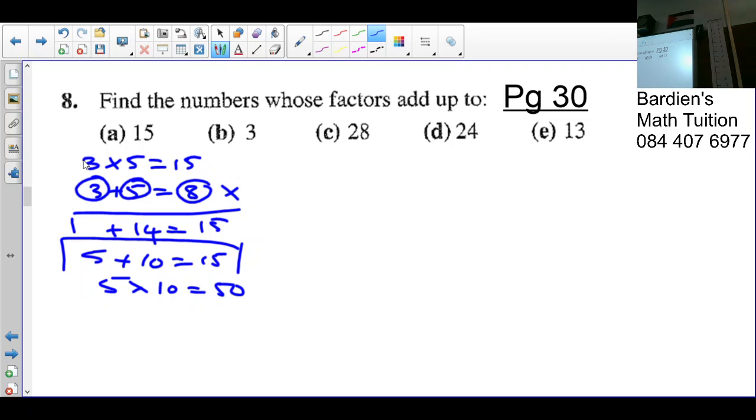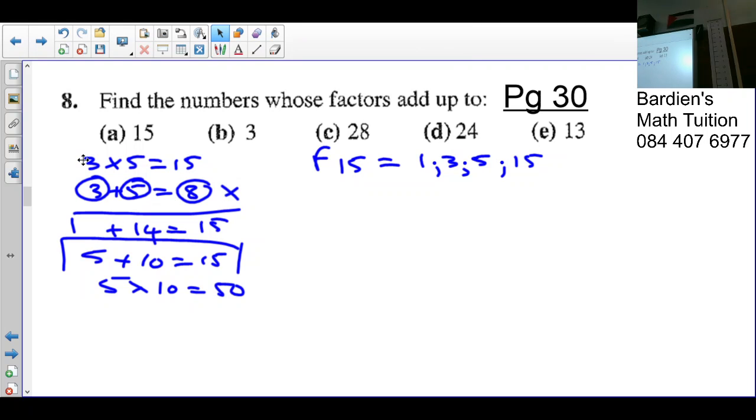But are 5, 5 and 5 factors of 50? No. Because the factors of 15 are 1, 3, 5 and 15. Okay, this doesn't make sense to me. So leave that for now.